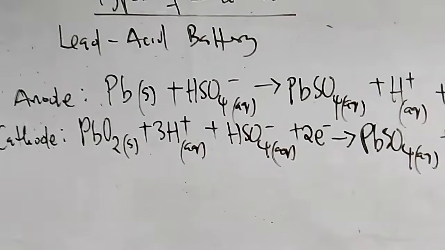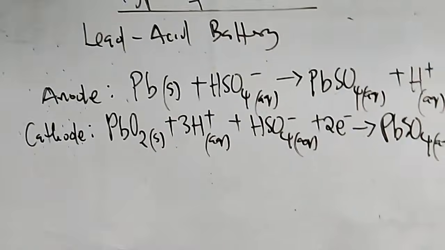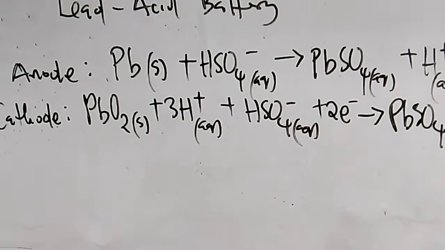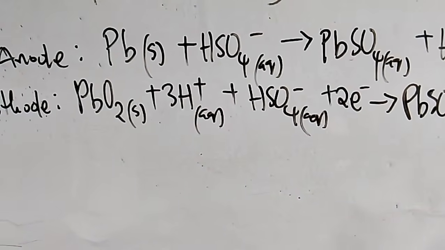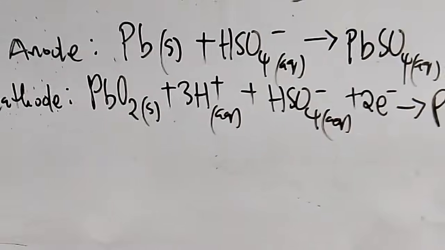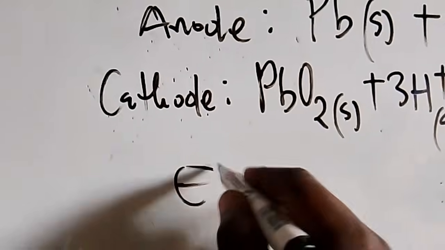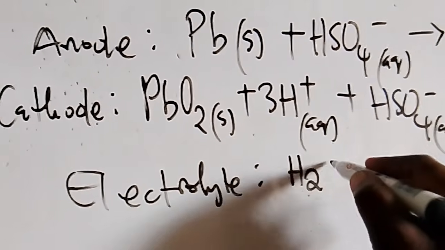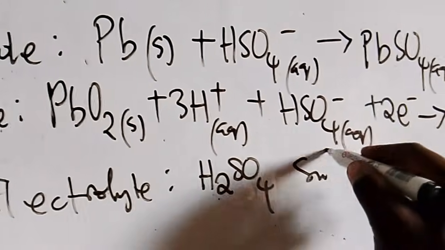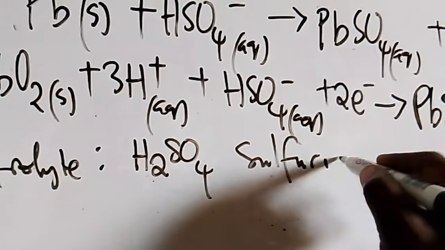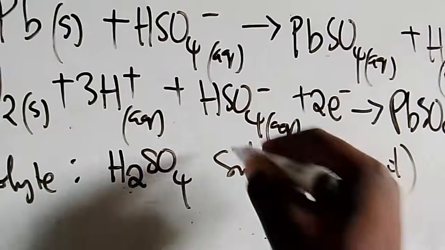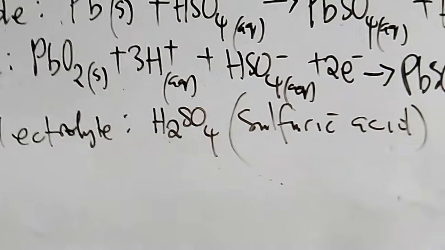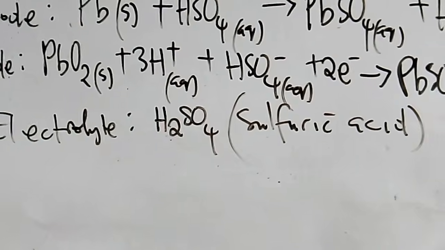These are the two reactions occurring in the lead acid battery. The electrolyte used is sulfuric acid.